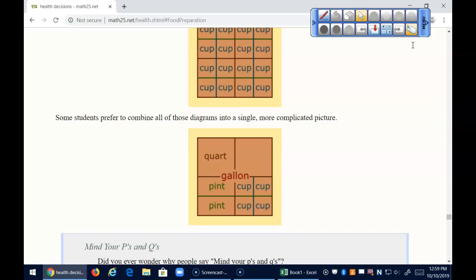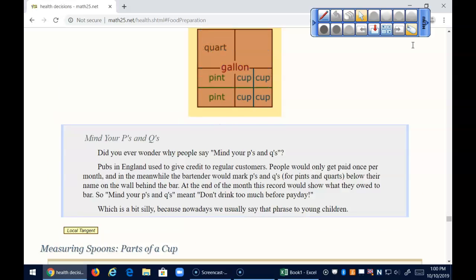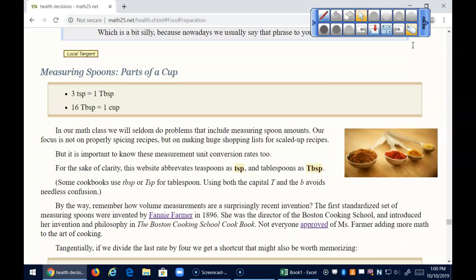And he gets paid at the end of the month. So as he's drinking, the bartender is going to put P's and Q's under his name on the wall behind the bar. So mind your P's and Q's means don't rack up too big a bar bill before your monthly payday. Which is not how we use it with little children these days. So there you go.